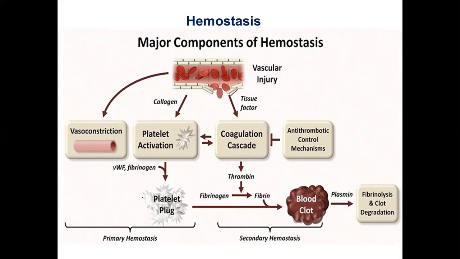Hemostasis has three major steps: vasoconstriction of damaged blood vessels, temporary blockage of the break by a platelet plug, and blood coagulation, or formation of a fibrin clot. Later, the clot is removed to allow wound healing.